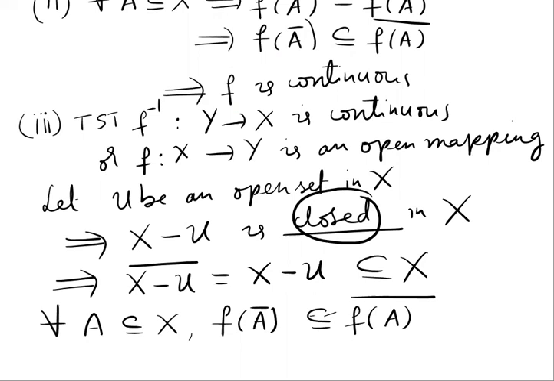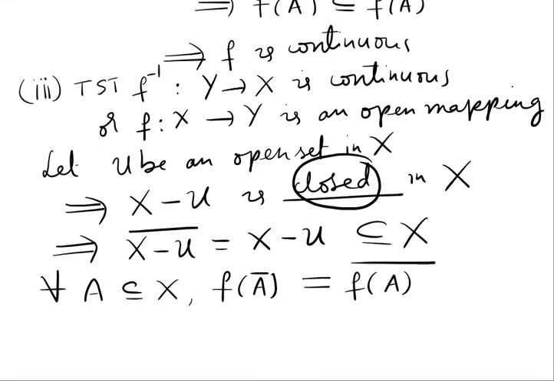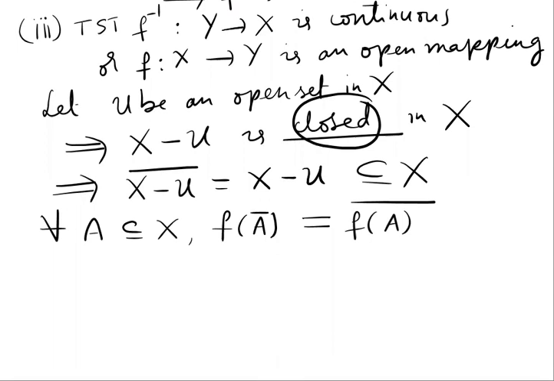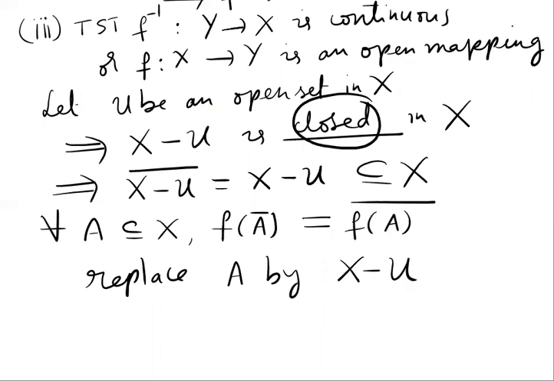Right? Now, what do we do? In this, we are going to replace A by a subset of X. What is the subset of X? X minus U. So we are going to replace A by X minus U.